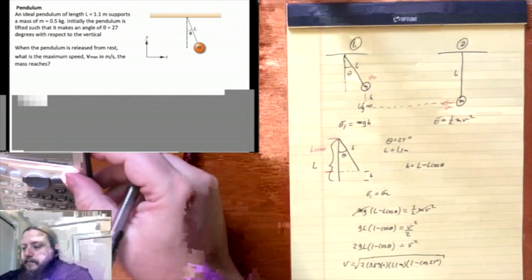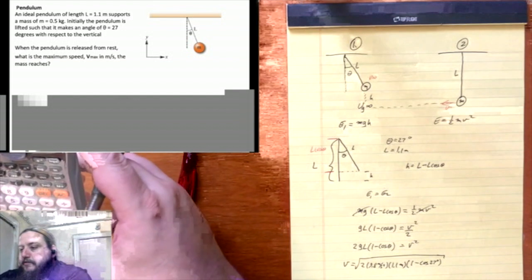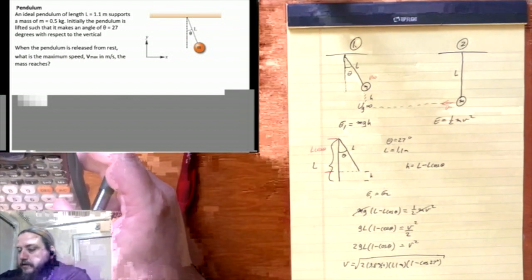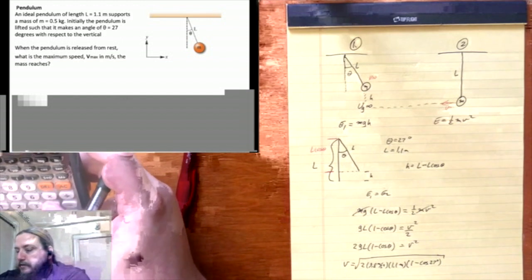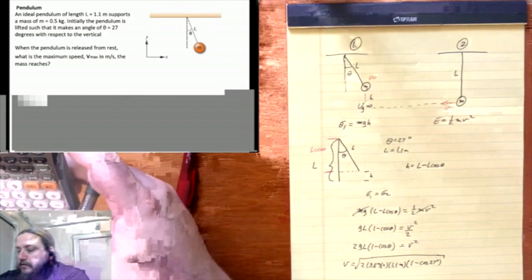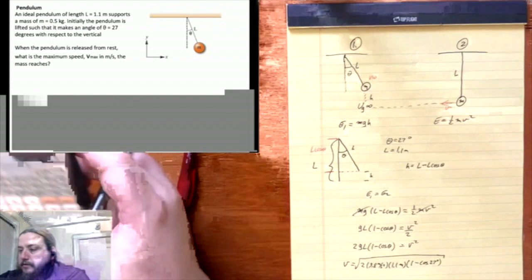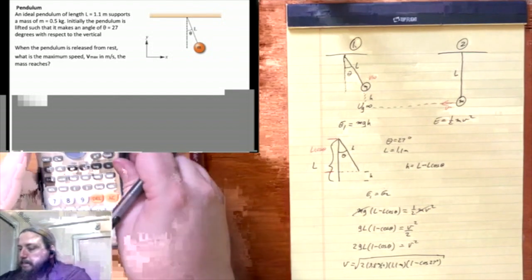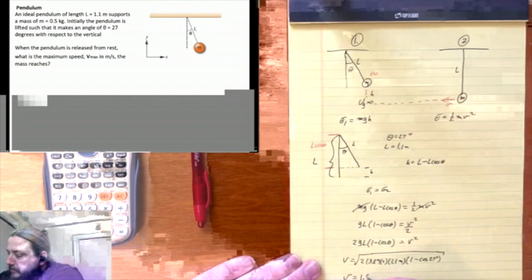All right. 1 minus the cosine of 27 times 1.1 times 9.8 times 2. Take the square root of that whole thing. Our speed is 1.5 meters per second.